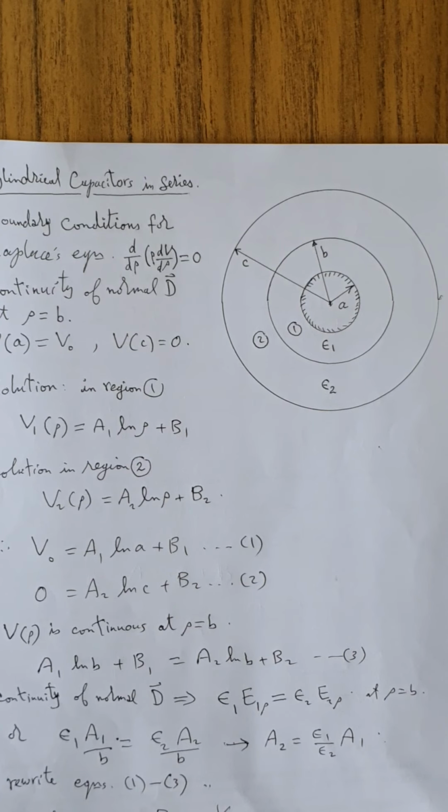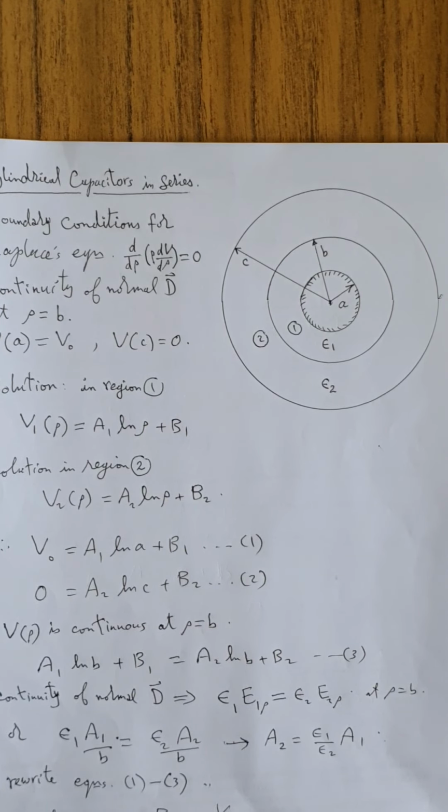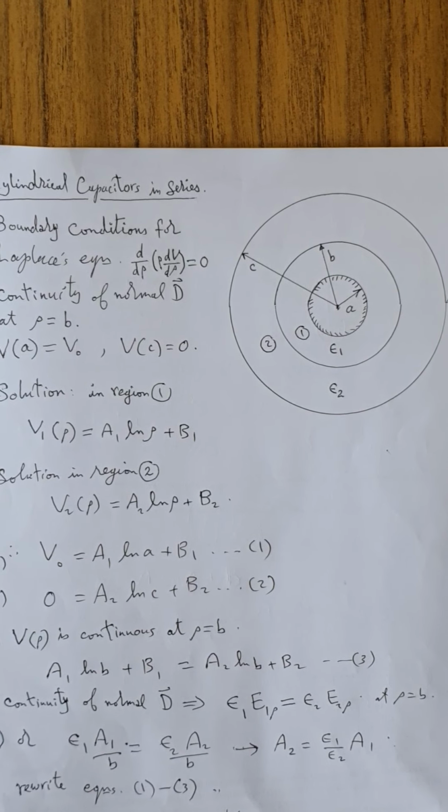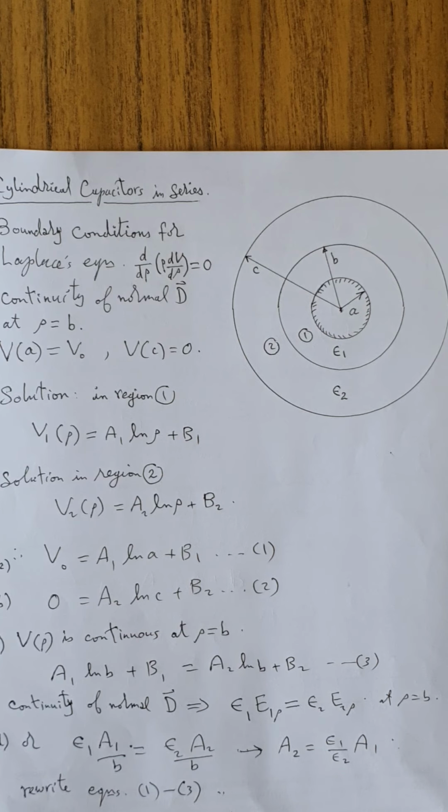Here the boundary conditions are V of rho equals a equals V naught and V of rho equals c equals 0. So it is a one-dimensional Laplace equation which reduces to d d rho of rho dV d rho equals 0.